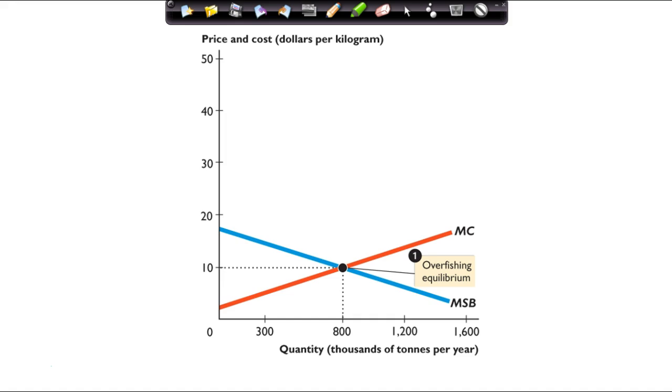But if we took account of the external costs that are borne by others due to fishing, then the marginal social cost would be much higher. The marginal social cost takes account of not just the private cost, it adds on top of that.